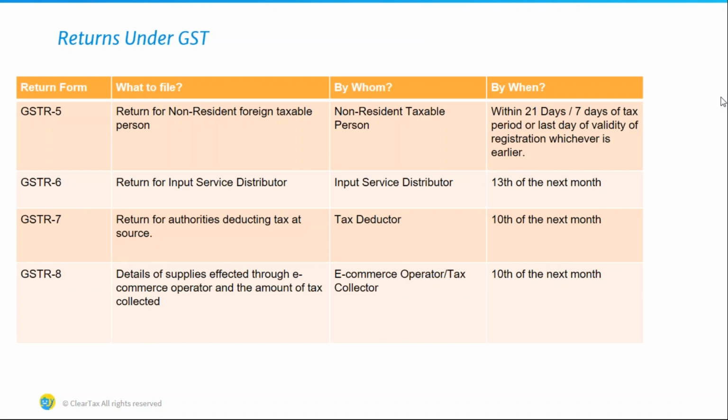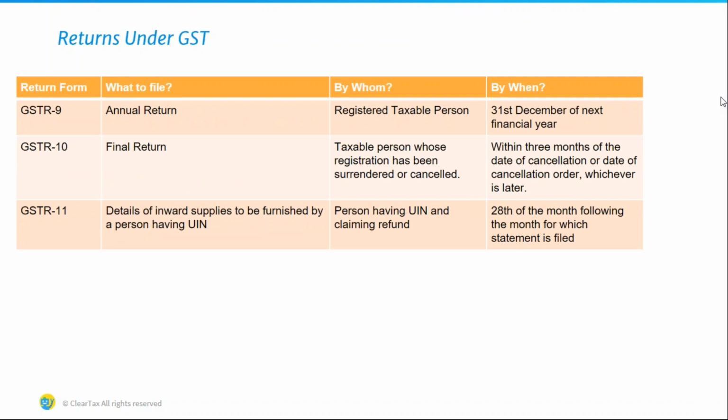This will also ensure compliance from the seller's perspective, because the seller will get his credit only when he files his return and claims the input of such tax which is deposited by the e-commerce operator on his behalf. E-commerce operators are required to file this return by 10th of the subsequent month, and the sellers will get their input credit once they file their GSTR 1.